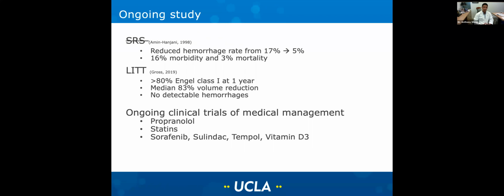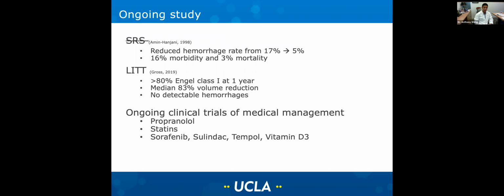But stereotactic radiosurgery has been tried for this disease, though in general it is very rarely recommended because of a surprisingly high risk of neurologic deficit and mortality.